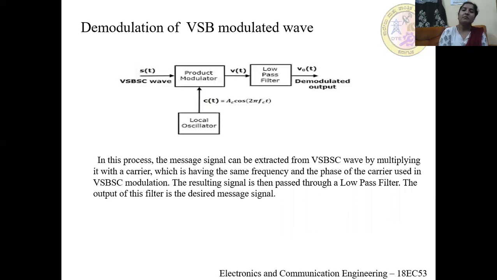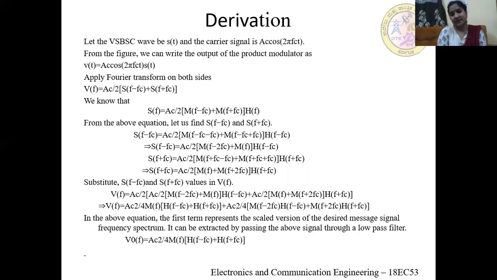Now we will see the mathematical representation of this demodulated signal. How are we going to derive it? Let the VSB-SC wave be s(t) and the carrier signal be Ac cos 2 pi fc t.